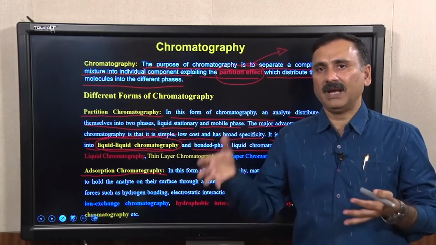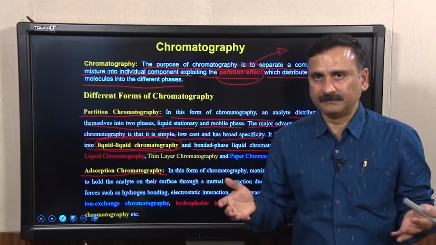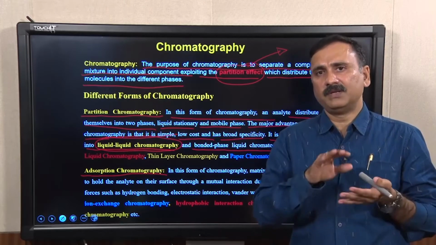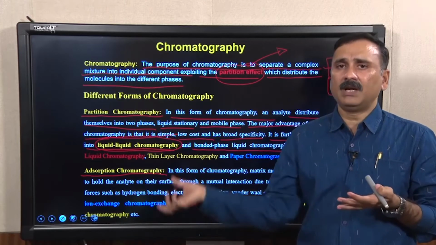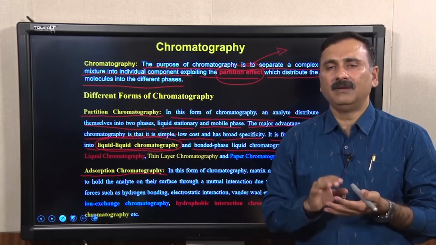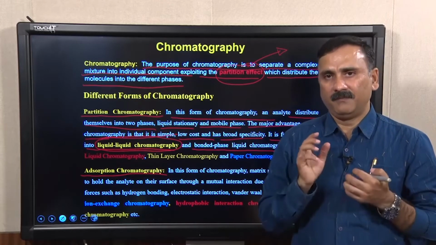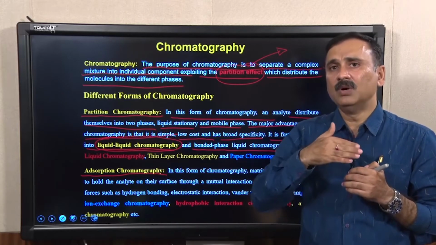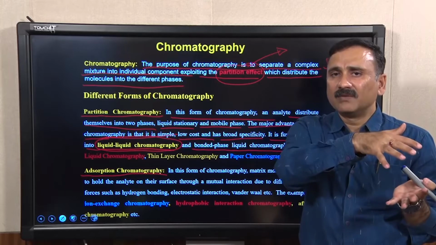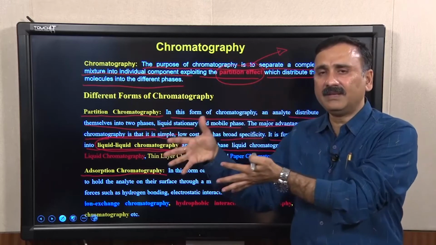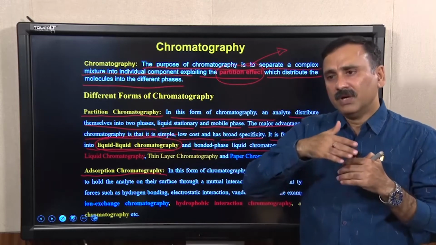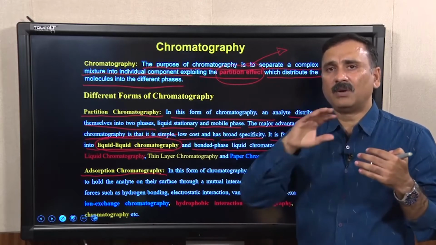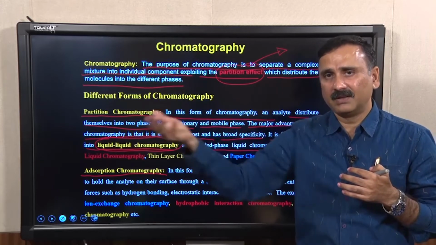For example, I can take a mixture of hexane and water. Suppose my compound is hydrophobic and not soluble in water, then I can simply add the hexane and mix it very rigorously. In that process the compound is going to partition between the aqueous phase as well as the hexane phase, and the compound which is more soluble in the hexane phase will transfer from the aqueous phase into the hexane phase.